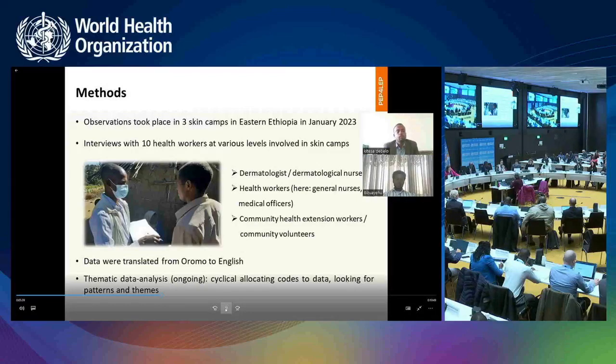The team from Ethiopia conducted interviews with 10 health workers, which included dermatologists, health workers, extension health workers, community volunteers, plus the index patients and the contacts. Finally, thematic data analysis was conducted, which involves allocating codes to data over a series of cycles and looking for patterns and themes.